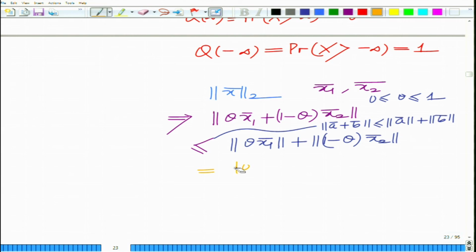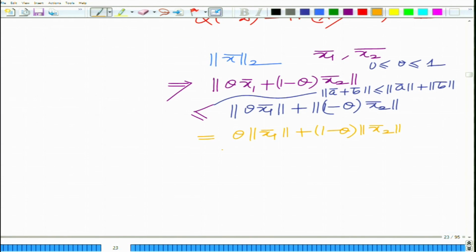So, this is simply theta times the norm of x1 bar plus 1 minus theta times the norm of x2 bar, which is basically theta times f of x1 bar plus 1 minus theta times f of x2 bar, where we have f of x bar equals the norm of x bar, the two norm.